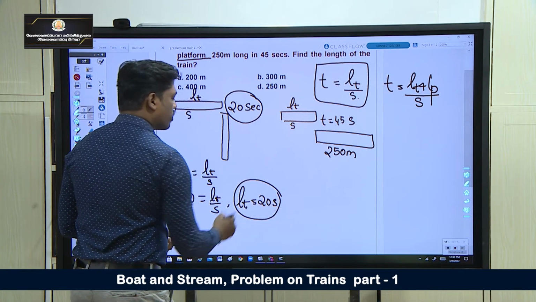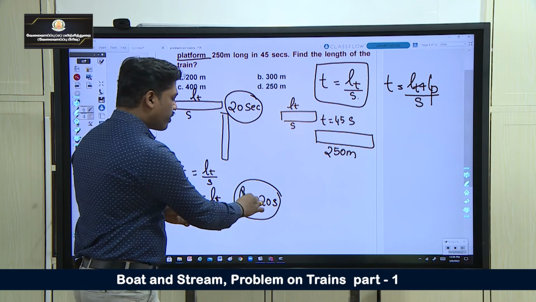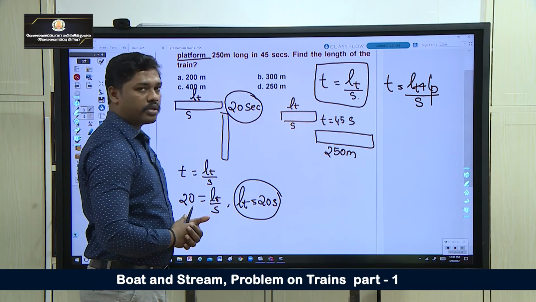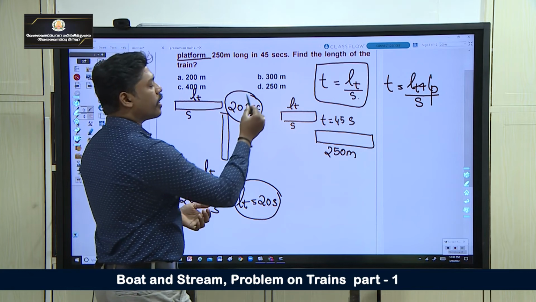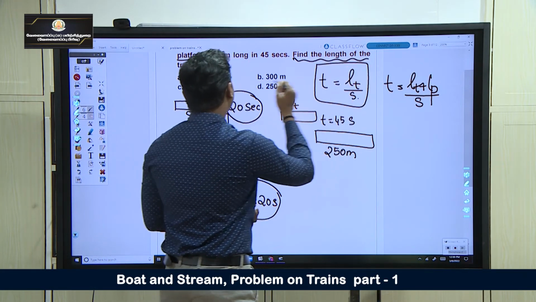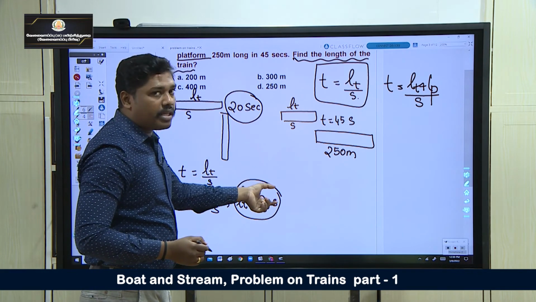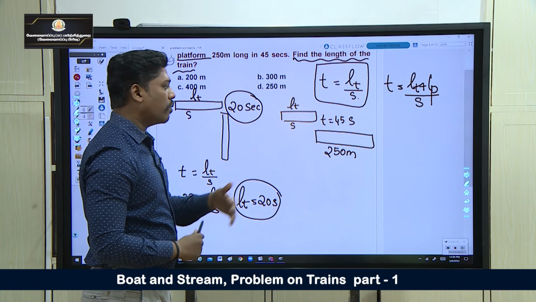We are having two unknown variables. We do not know the value of length of train and the value of speed. So, look at the question. What are they asking here? They are asking to find out length of train. So, we can equate the speed. Let me tell you how.